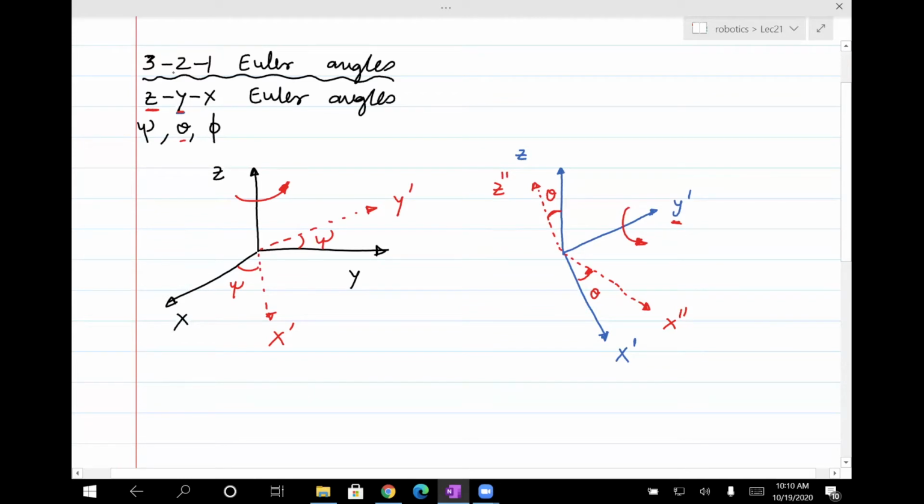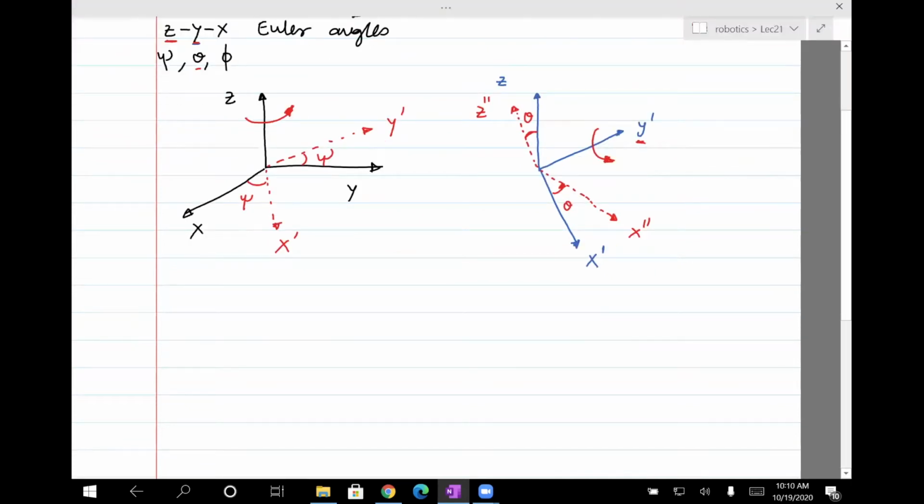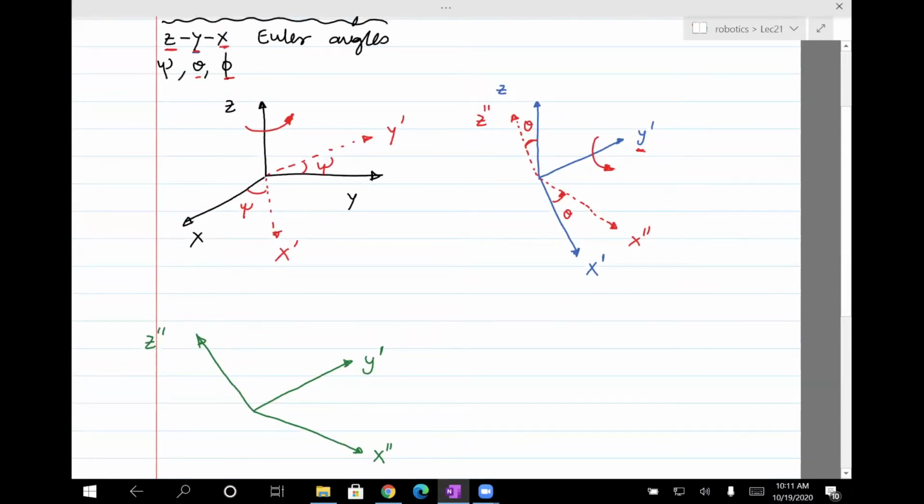The third rotation is about the x-axis. Let me redraw, say in green, the old axes. The old axes would be y prime, which is unchanged, then z changed to z double prime, and x changed to x double prime. So that's my original axes, and now I'm going to rotate by an angle of phi along the x-axis.